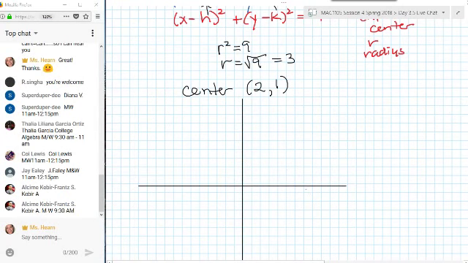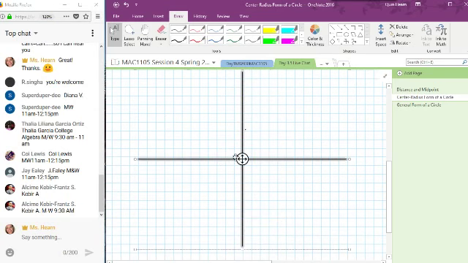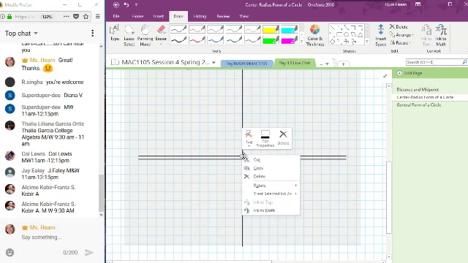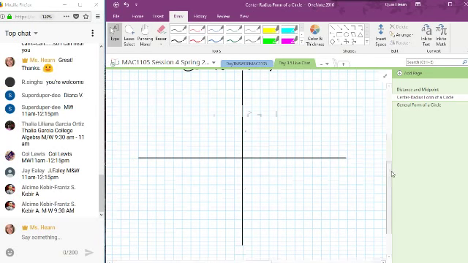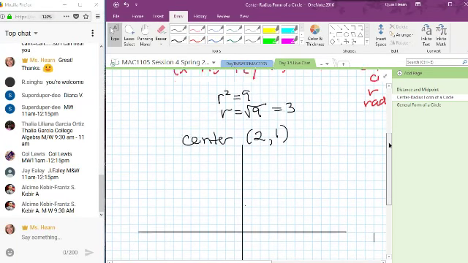So I'm going to go to the point (2, 1) on my graph. Let me move this, it's a little off. Okay, I think that's better. I like to put an X instead of a dot when I plot the center of a circle, just to emphasize this is not actually a point on the circle, but just a reference point. So there's (2, 1).